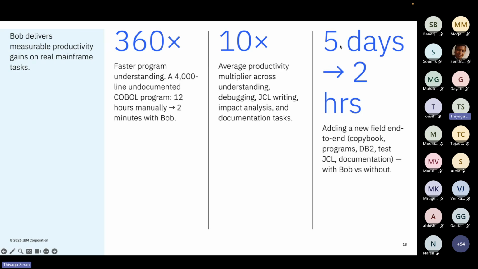The next thing is 5 days to 2 hours. If I am just adding a new field or something, Bob is able to understand it. With Bob and without Bob, the summary generated from Copilot or any other tools, and then we have seen good quality.